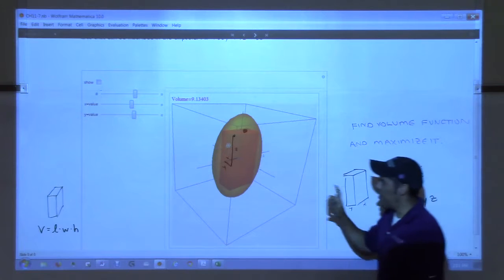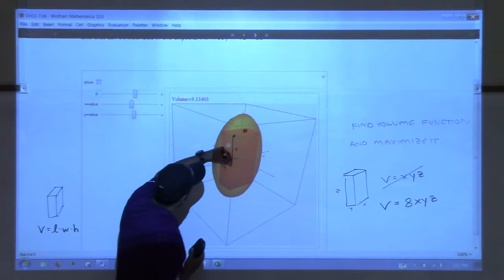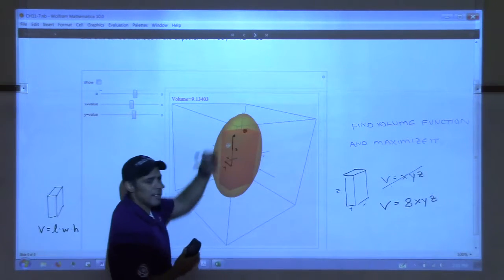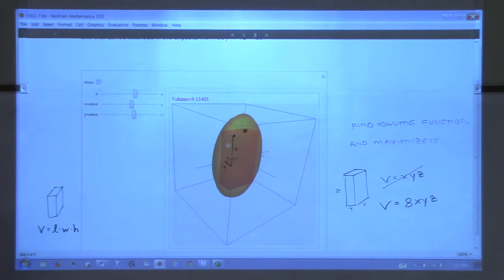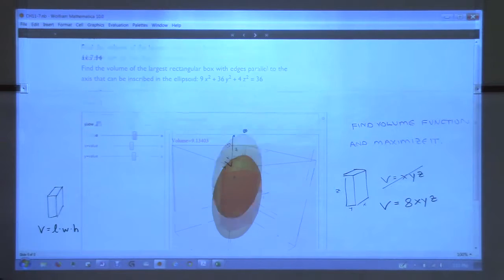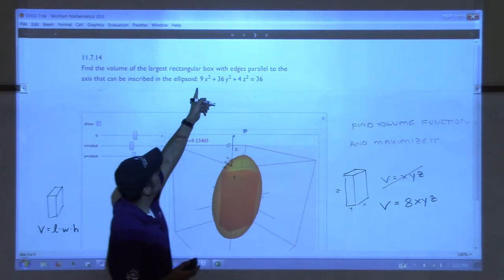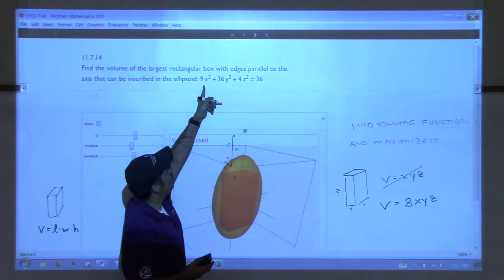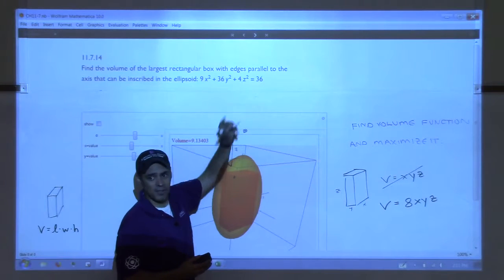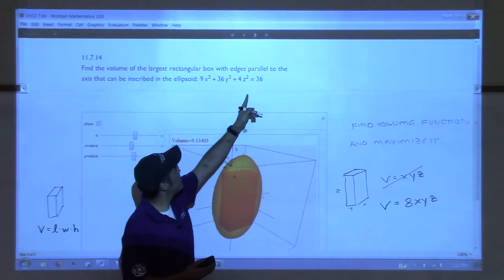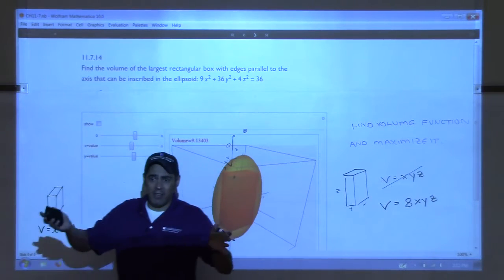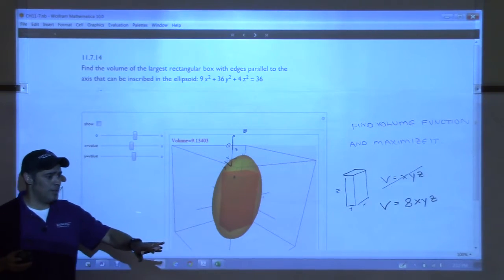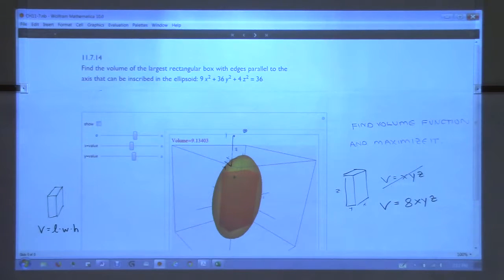The key is the z. That z coordinate must land on the ellipsoid, so that z coordinate must satisfy the equation of the ellipsoid, which is this equation right here. And that means I can solve it for z. If I solve this for z and replace that here, I will have an expression that has just x's and y's in it, won't I? Okay, so let's do that.